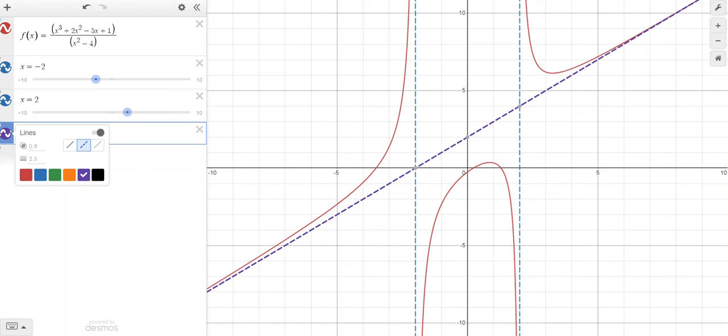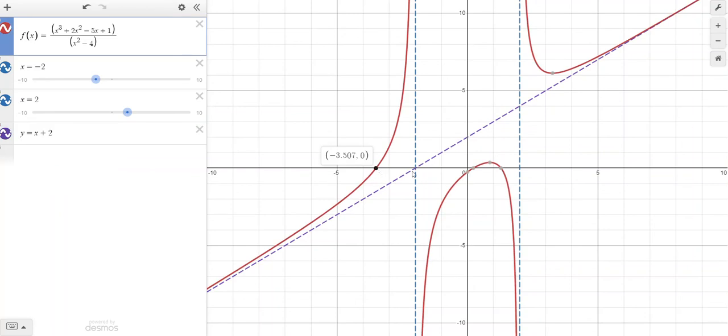So I'm going to sketch in what I see near the slant asymptote down on the left. Oh, and you know what? I forgot. We didn't get our x-intercepts by hand this time, so let me just go ahead and let Desmos help me with that.